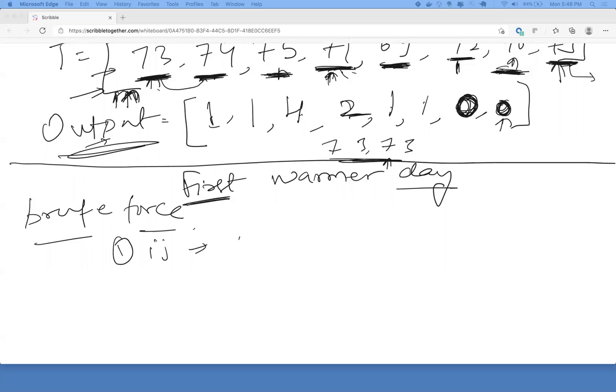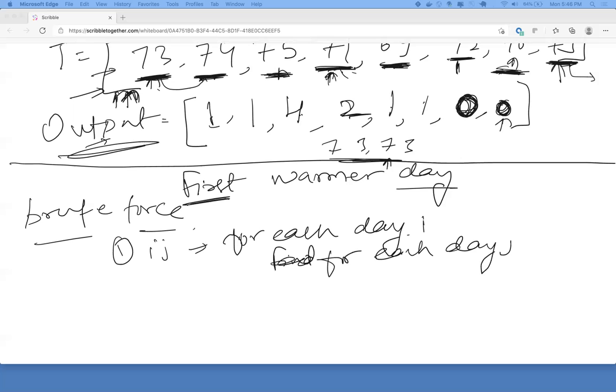As you're checking for a higher temperature in the second loop, you increment the counter if you don't find one. Once you find an entry, you break out of the inner loop, and you put that counter into the output array.